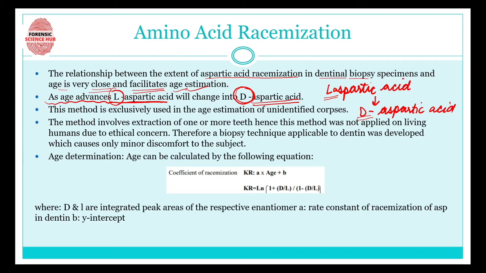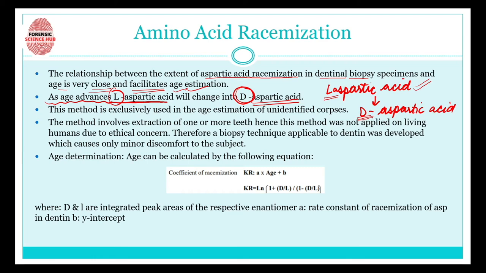Now in the living body, normally the newly formed proteins are in L form, although there are some exceptions, but most of them are in L form, and with time racemization occurs and they get converted into D form by some chemical reactions.